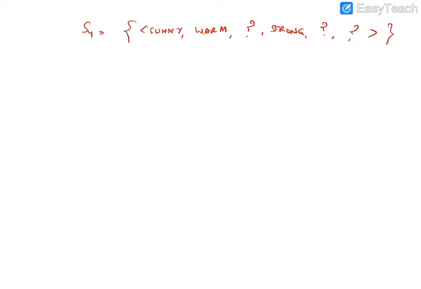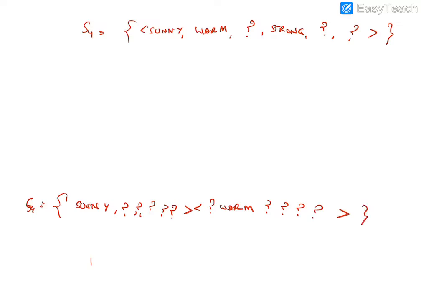So this is the S4. And what about G4? G4 equals sunny, 1 2 3 4 5, and then question mark, warm, 3 4 5 6. So this will be the G4.